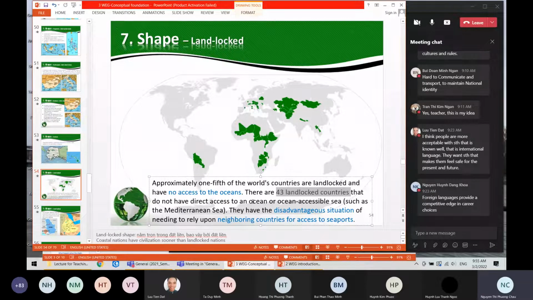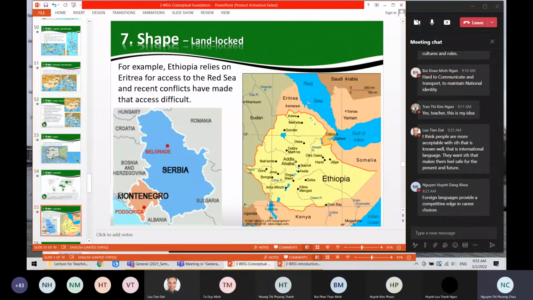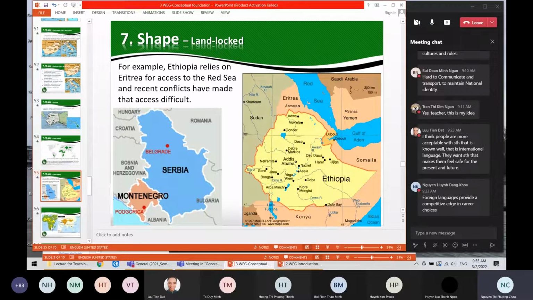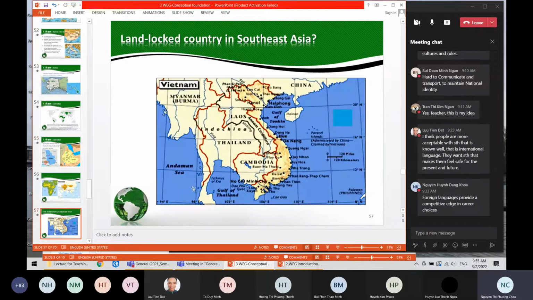The coastal nation can earn more profits from the landlocked nation if they understand well their neighbor has no sea border. These are some case studies for landlocked nations, and Southeast Asia has a case with a landlocked nation as well. Can you find the landlocked nation in Southeast Asia?